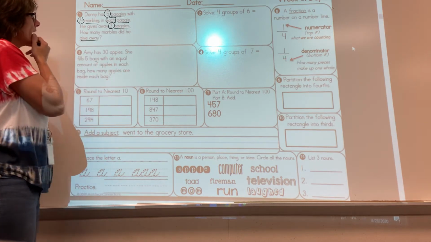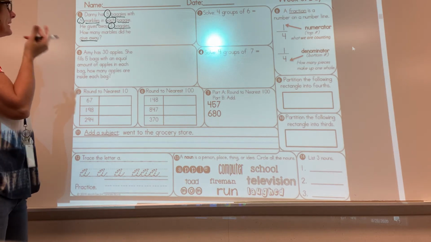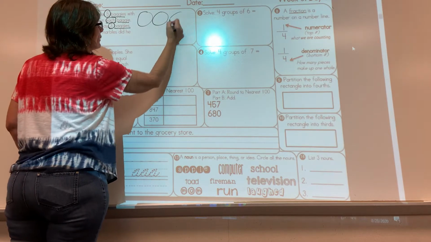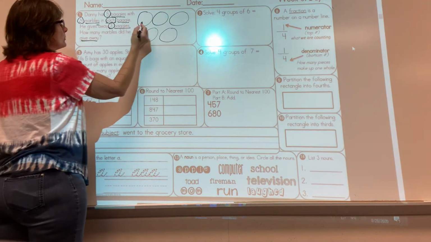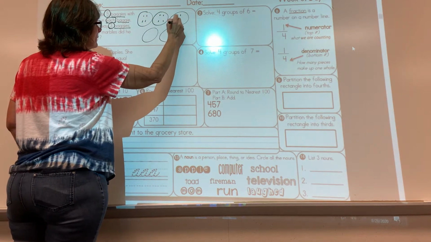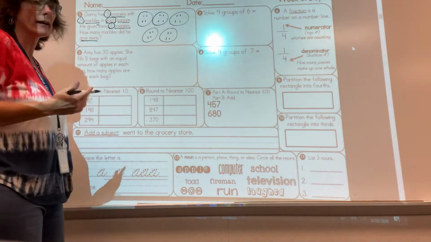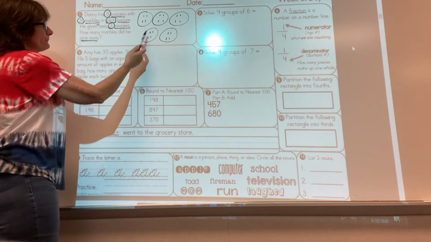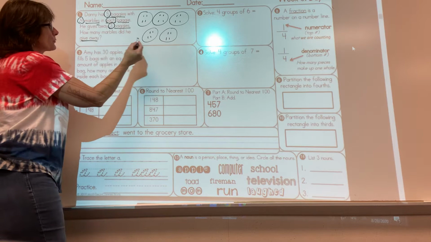So I need to find out how many marbles Danny has. He has 5 baggies, so I'm going to give myself 5 baggies, and there are 4 marbles in each baggie. Drawing pictures is a way we can work out math problems a lot in third grade. So he has 5 baggies, 4 in each baggie, and he gives away 3 baggies.